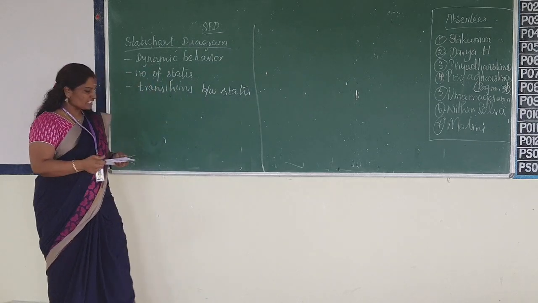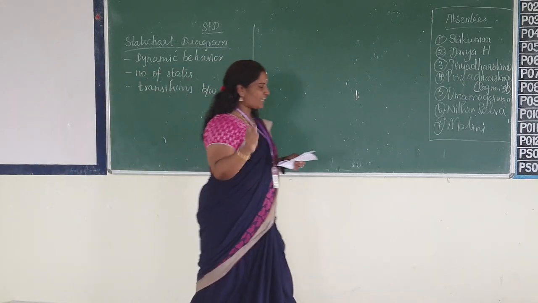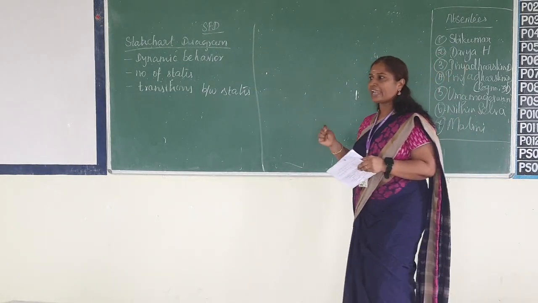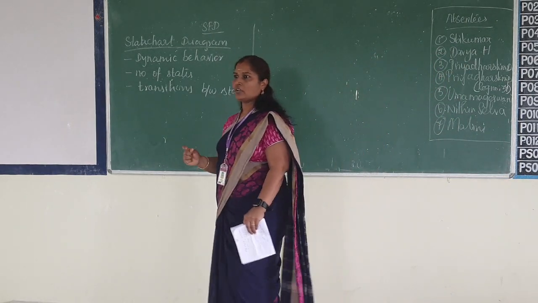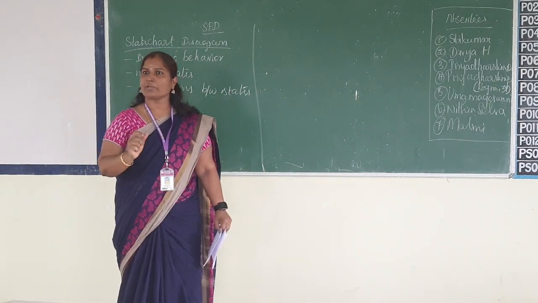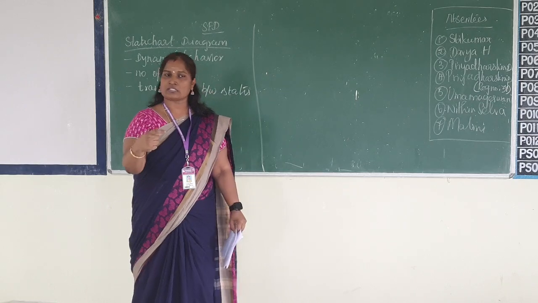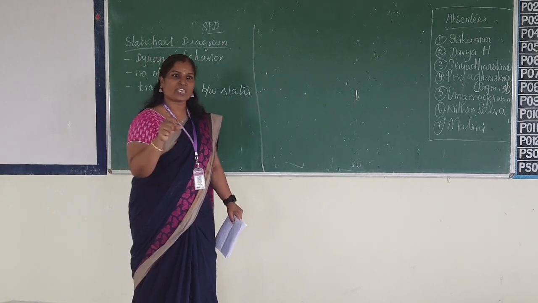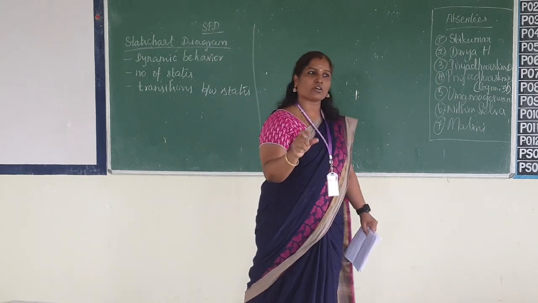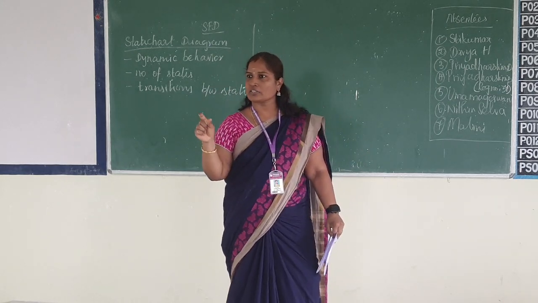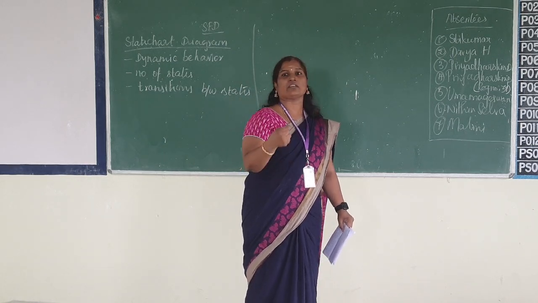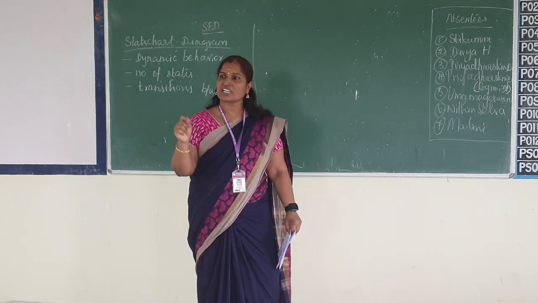That's it. So state chart diagram or state diagram describes the dynamic behavior of an individual object. We are familiar with the object by now: for a class we create a variable, but with respect to the class, that variable is called an object or the instance. So the dynamic behavior of an object is represented using state chart diagram.